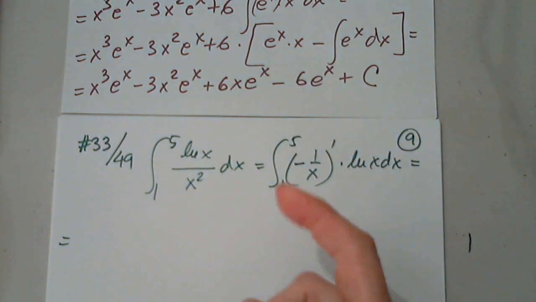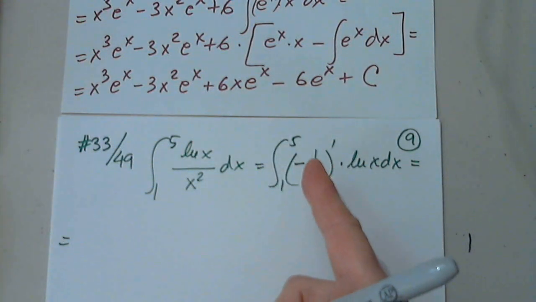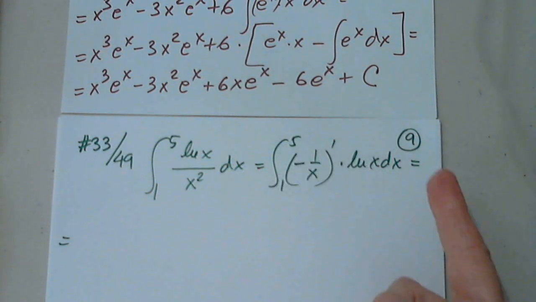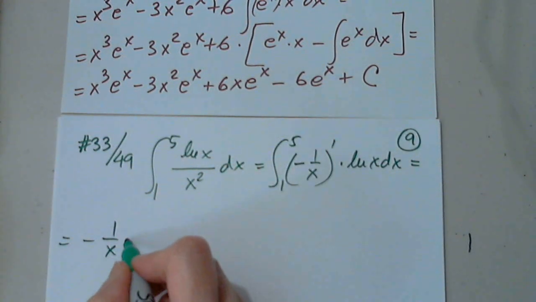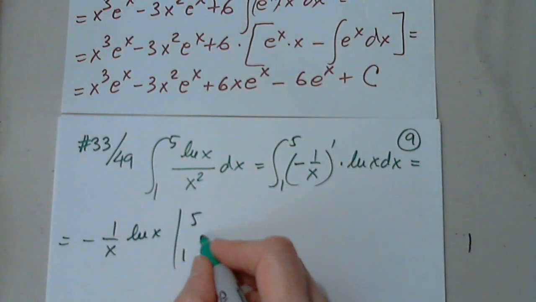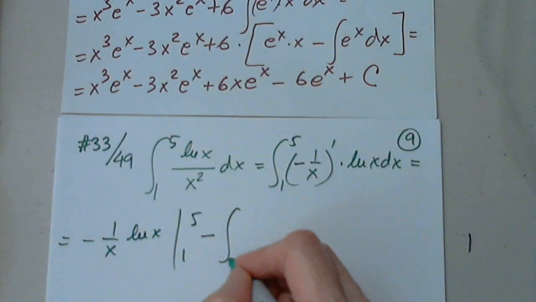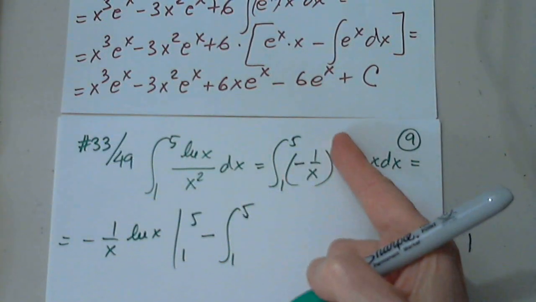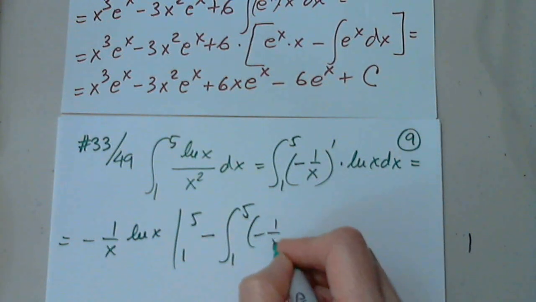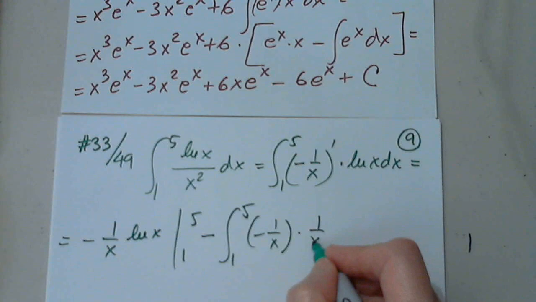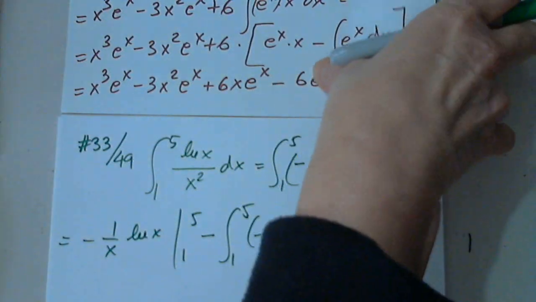So the integral of f prime g is fg, negative 1 over x natural log x from 1 through 5, negative the integral from 1 to 5 of, now I copy f, not f prime, just f, negative 1 over x, times g prime. Nice. Of course, dx.